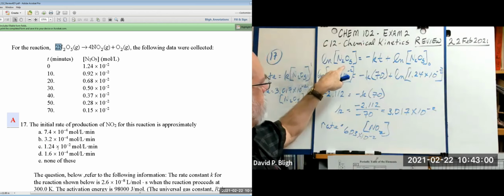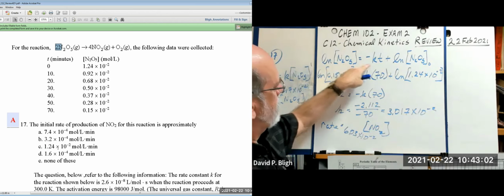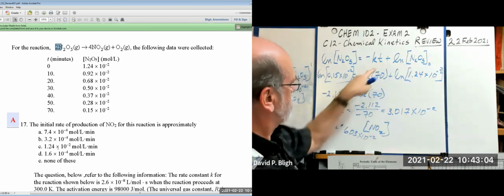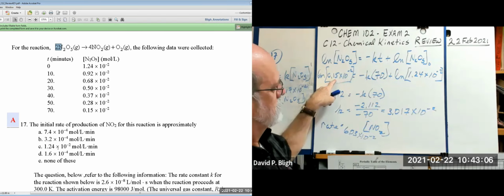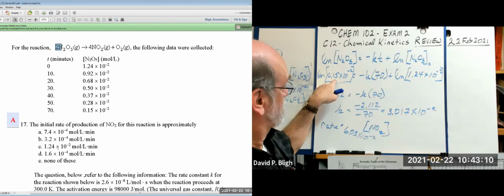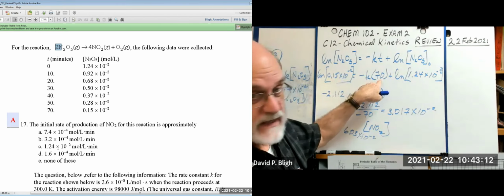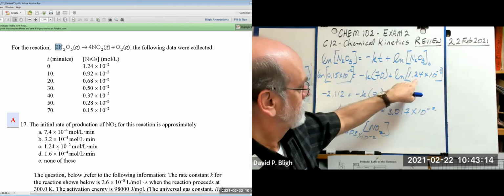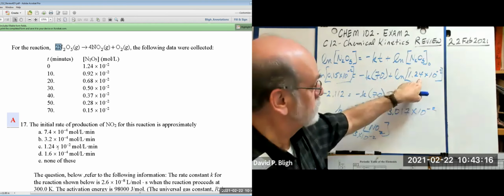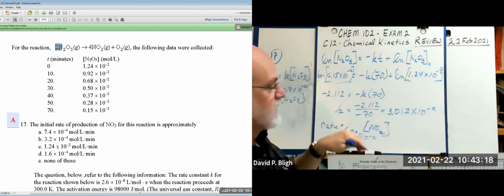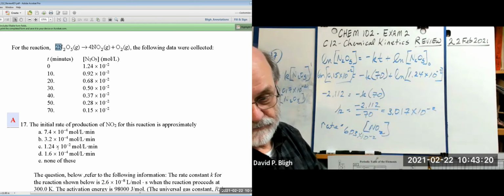All right, did I set this up right? N2O5. There, that's right. How about this one? N2O5 at the end. Okay. 70 is the time interval. The beginning is 1.24 times. Okay, that's set up right. Let's see if I did my calculations right.